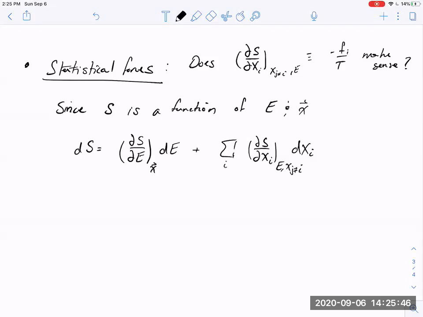Those are the two ways that I can affect differential changes of the entropy, either by changing the energy of the system or changing the mechanical variables.